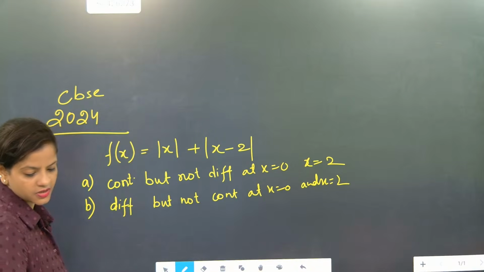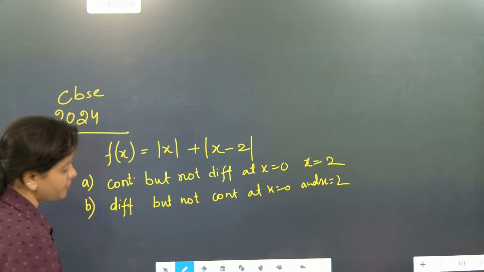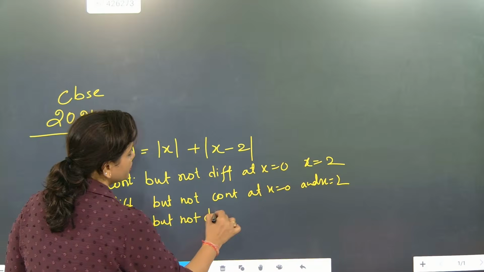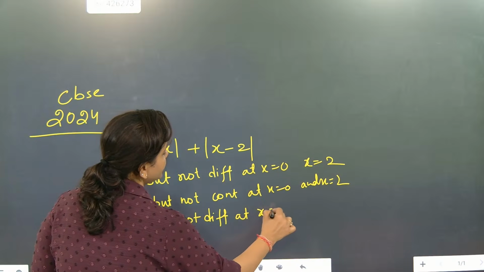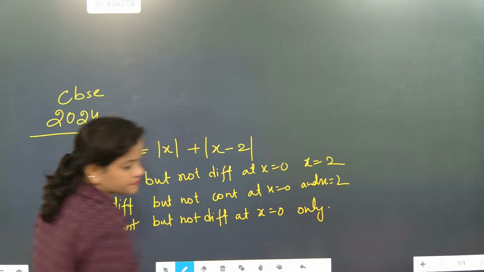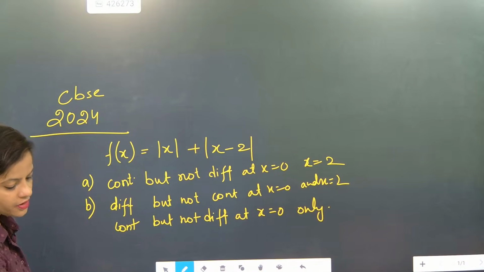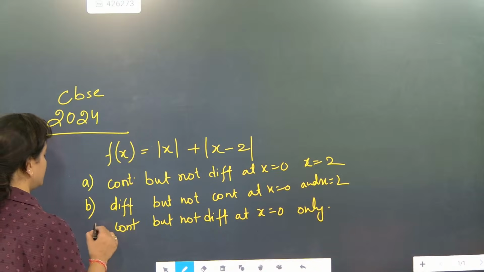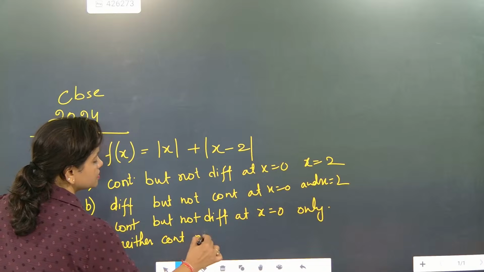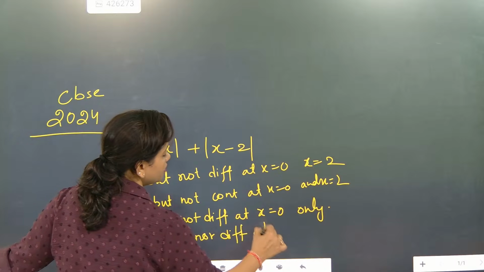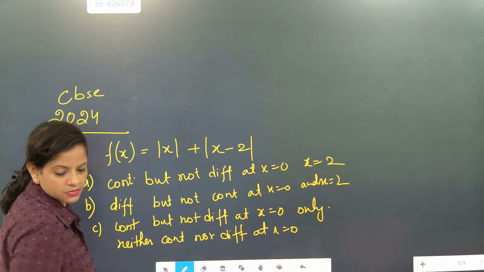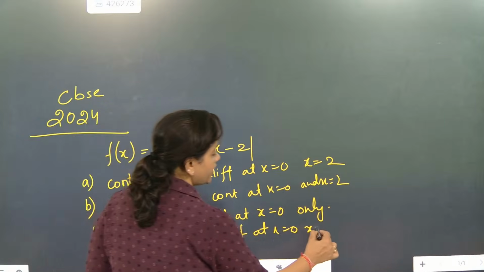Next: continuous but not differentiable at x is equal to 0 only. Check very carefully. Neither continuous nor differentiable at x is equal to 0 and x equal to 2.